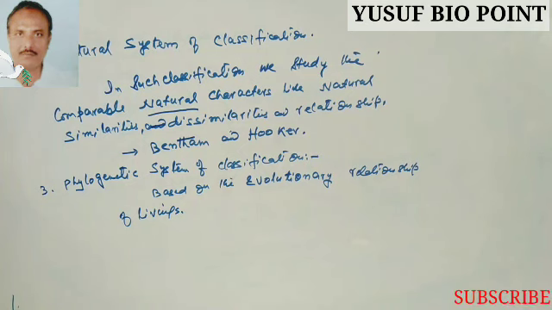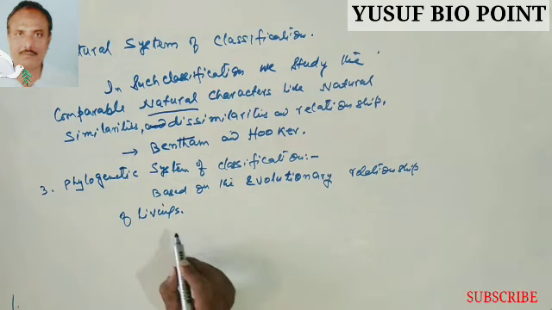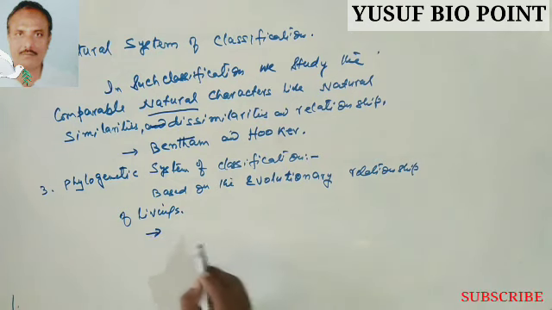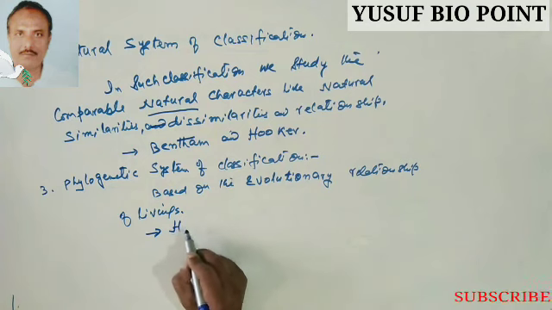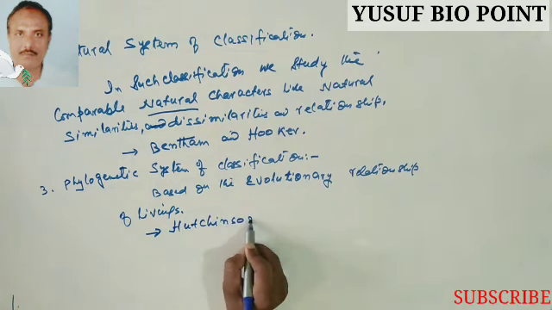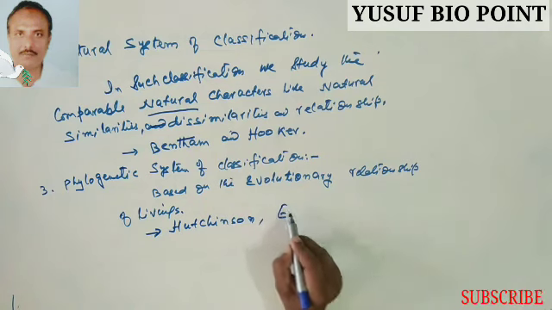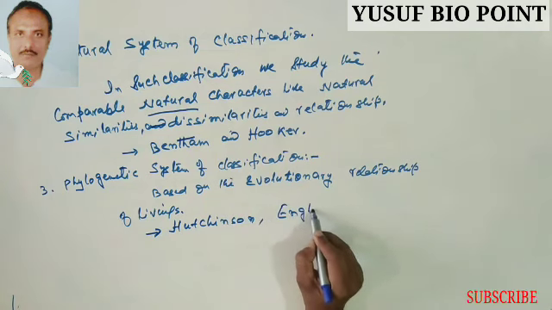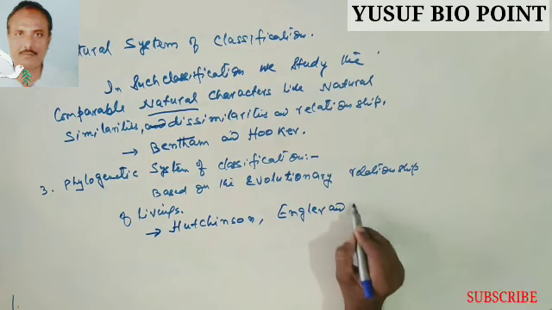So it is known as phylogenetic system of classification, and in this the scientists are Hutchinson and Engler and Prantl.